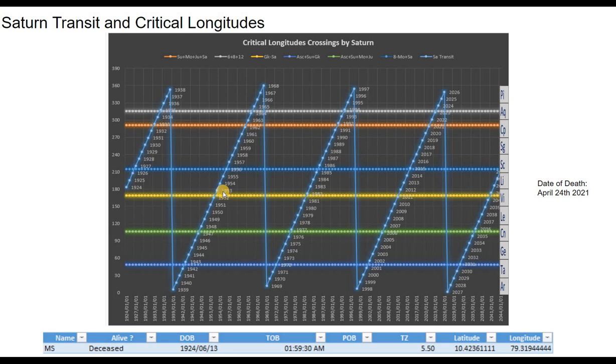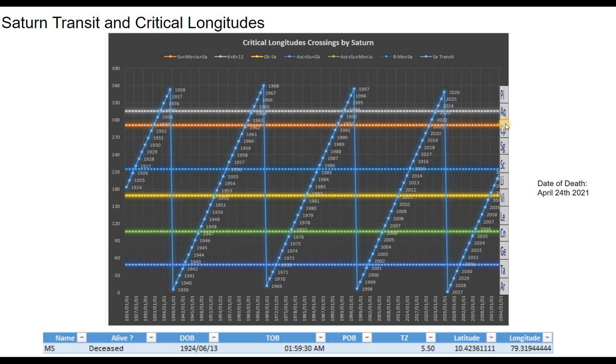In fact, this is that of my father who died in April 2021. He died in April, and this was being crossed by this Sun plus Moon plus Jupiter plus Saturn, where Saturn was in Capricorn. So you can also check this sign here.